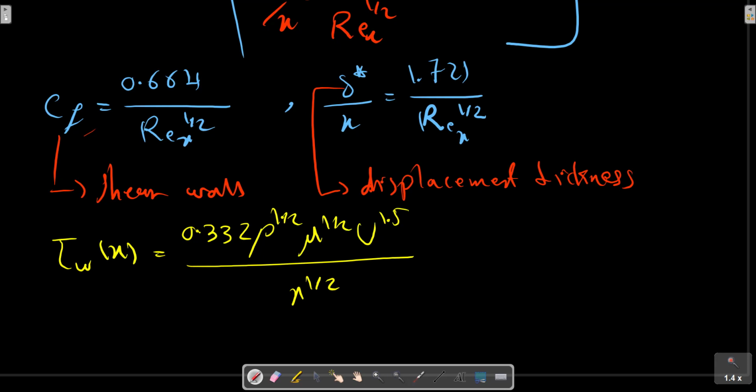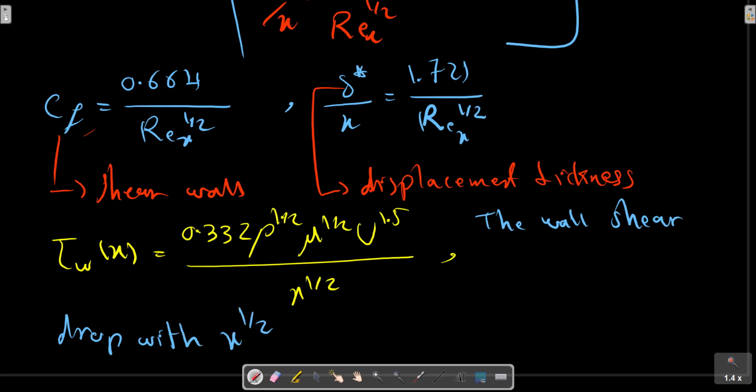The wall shear drops off with the one half power of the distance because of boundary layer growth, and varies with velocity to the 1.5 power.